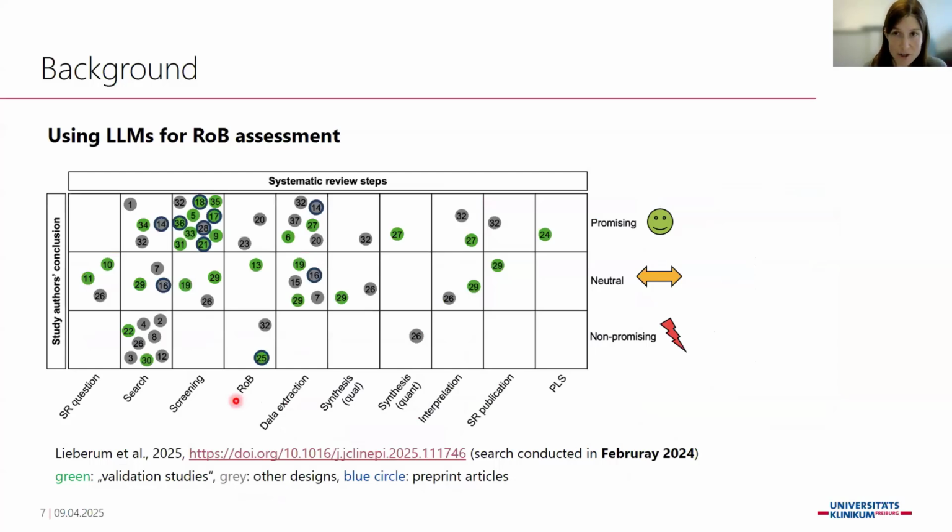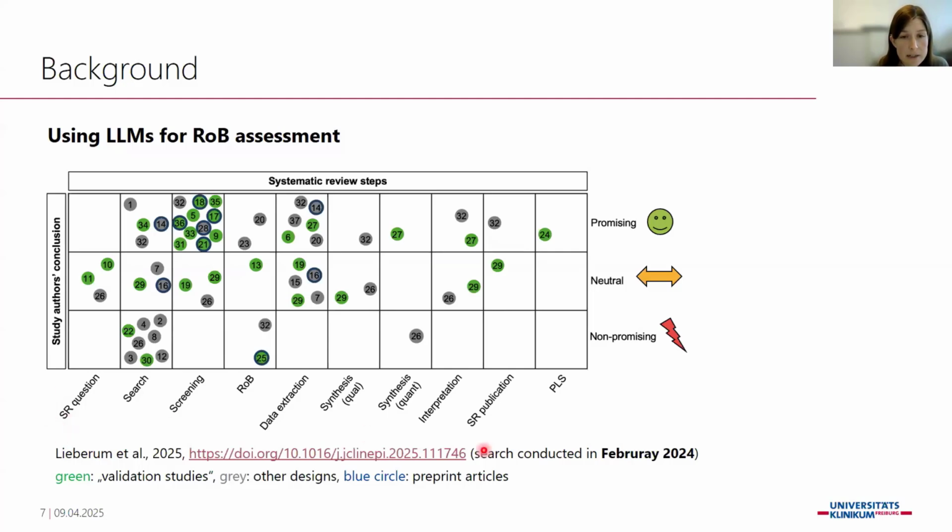Continuing with large language models, I would also like to show you one figure from the recent scoping review I conducted with my colleagues, where we looked for approaches using large language models for supporting different systematic review steps.